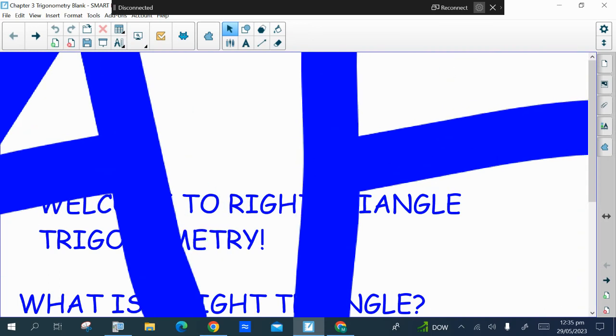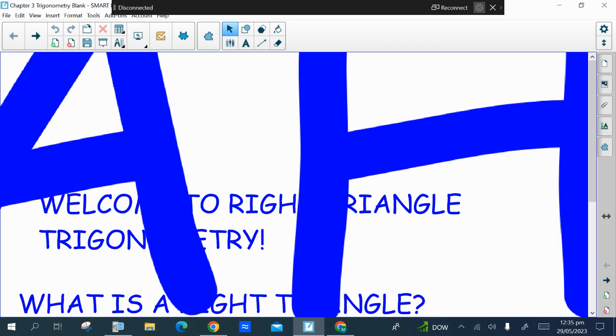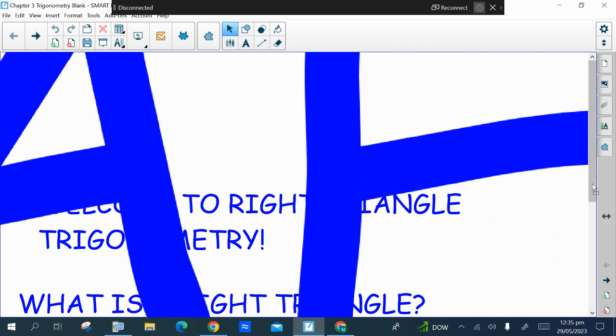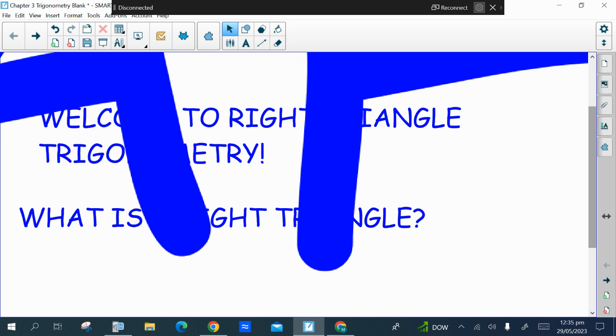So chapter 3 deals with right triangle trigonometry. A right triangle is a triangle with a right angle in it.